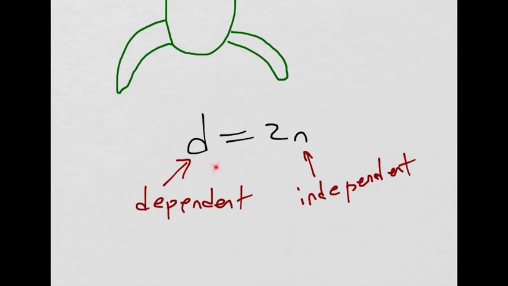Could d and n be positive numbers? Could either of them be 0? Could they be negative numbers? Could they be fractions or decimals?